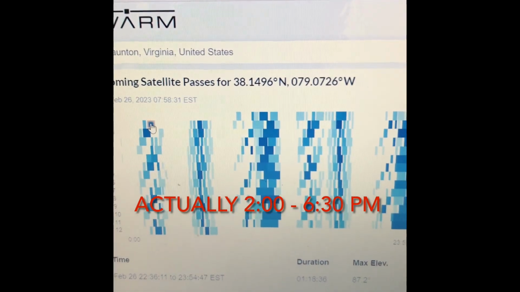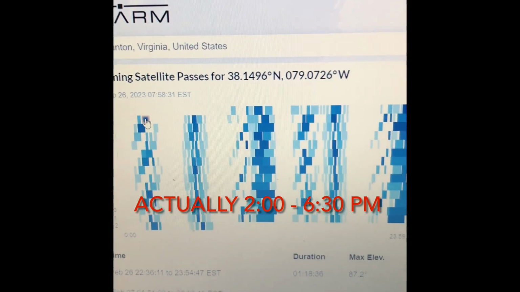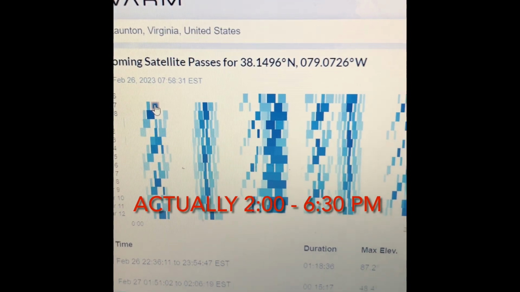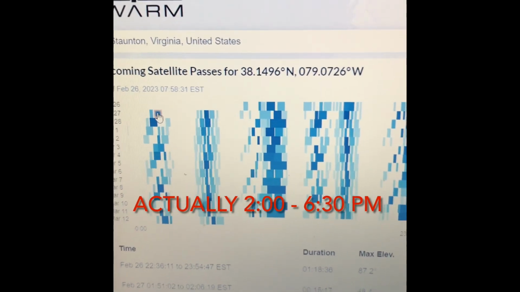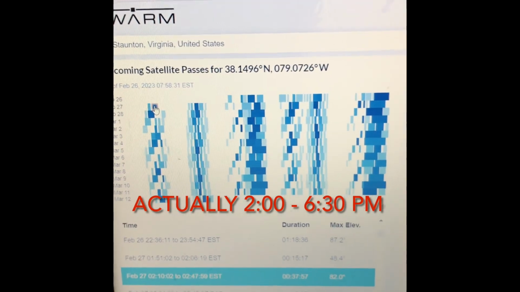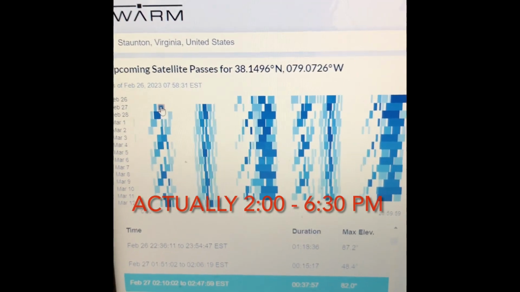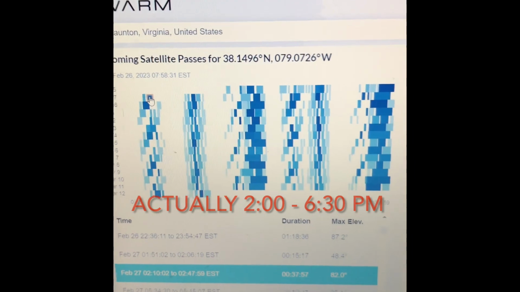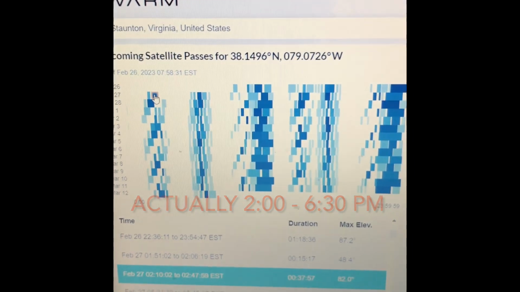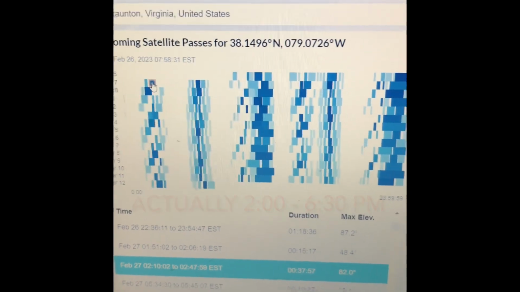The wavelength we're talking about here is 2 meters, roughly 150 megahertz, and that's where our satellite communication occurs. So we'll get started on that and take a look at what we're getting from the satellites using the short antenna first.